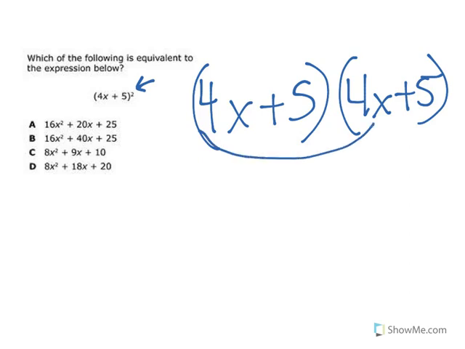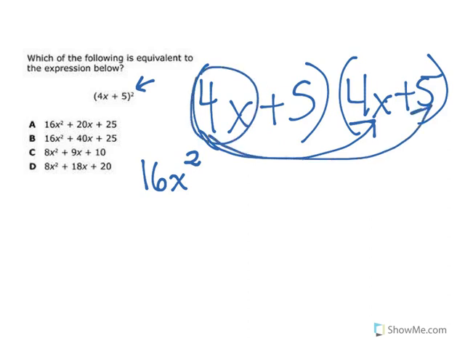So 4x times 4x is 16x squared. Because if you remember, exponents mean if I have x and x, then I have x squared. And I'm going to take this first number and also multiply it by the second. 4x times 5 is 20x.